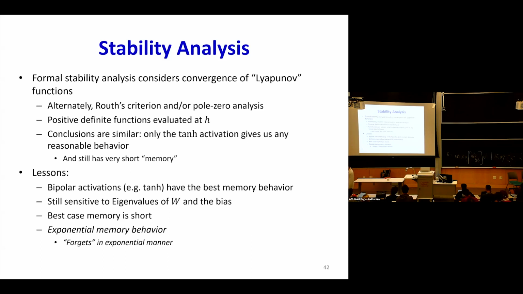If your weight matrix has non-identity eigenvalues, you're going to have crappy memory behavior. Even if it has identity eigenvalues, the mere presence of an activation function is going to get things messed up, right? And in all cases, memory behavior is exponential. It's either going to blow up or it's going to shrink to nothing. The only thing that differs is how fast or how slowly it's going to blow up or shrink.